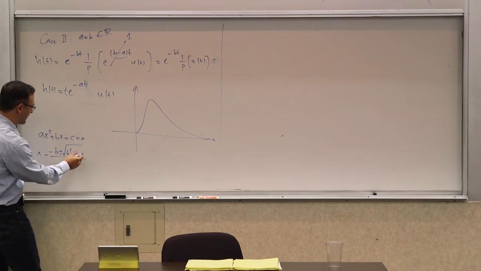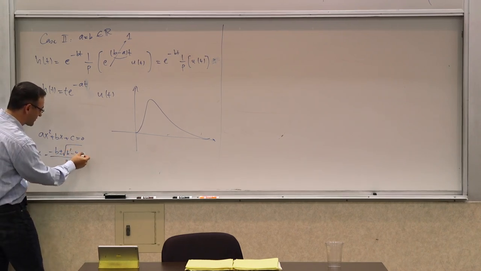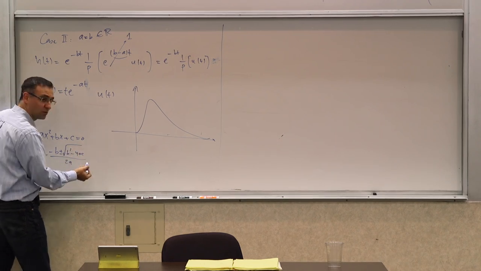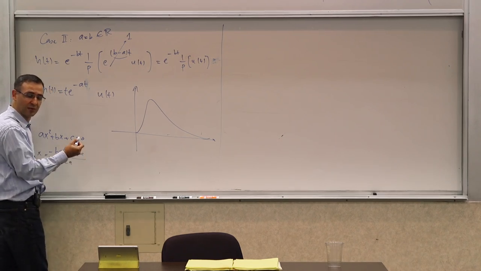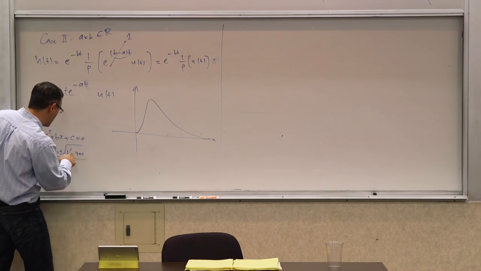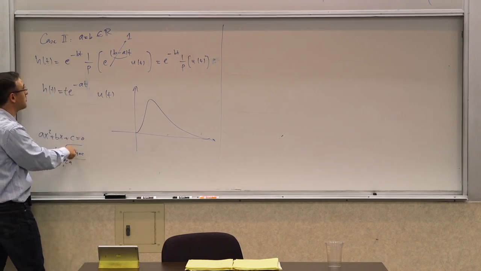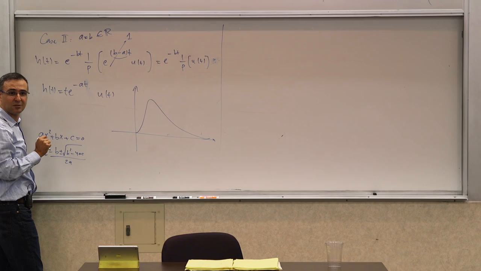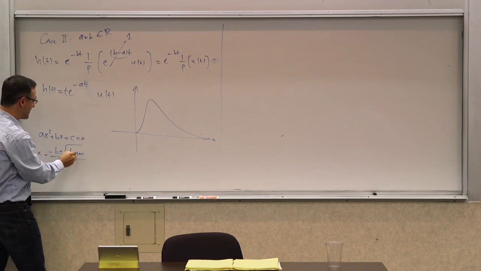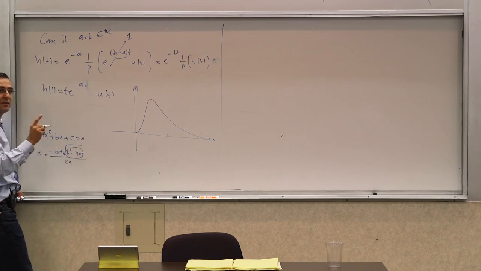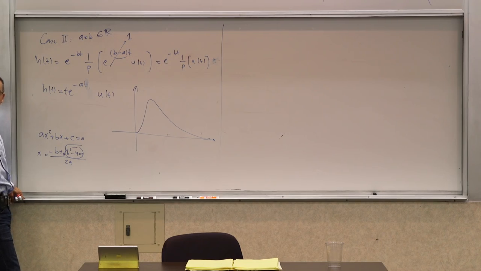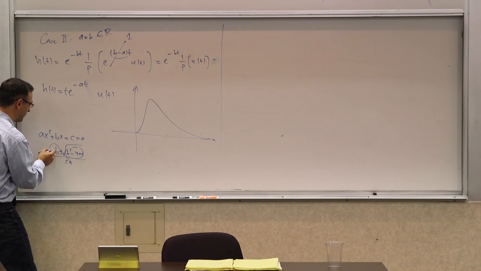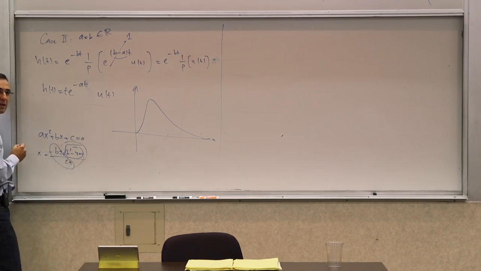Now, what happens if this is real? If this is greater than 0, you get two real poles, two real roots. Now, if this is 0, you get two identical. This is case 2. If this becomes negative, then you get a pair of complex conjugate roots, right? Why are they complex conjugate? Because the real part is the same, and their imaginary parts have opposite polarities.